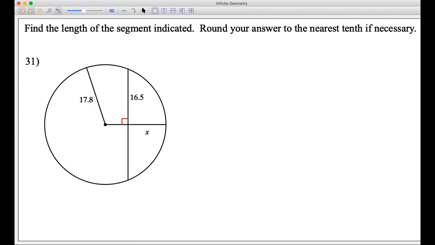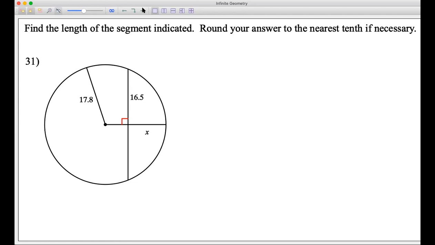What did you say the answer in the back of the book was? It says it's 11.1. Yeah, that's right. Now do 17.8 minus that number. It's going to be 11.1. There you go. Jenna, we're done. I'm sorry I left you hanging there.